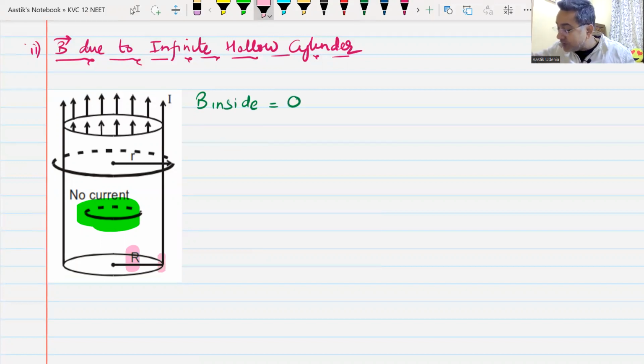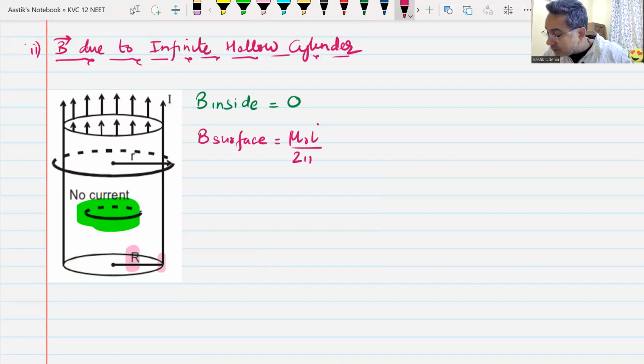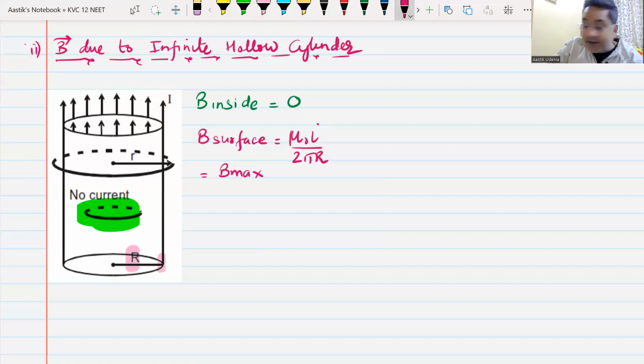Then you have a point P on the surface, my dear friend, where it is mu naught I by 2 pi R. And remember, this is the maximum magnetic field, and the maximum magnetic field happens to be on the surface of this.